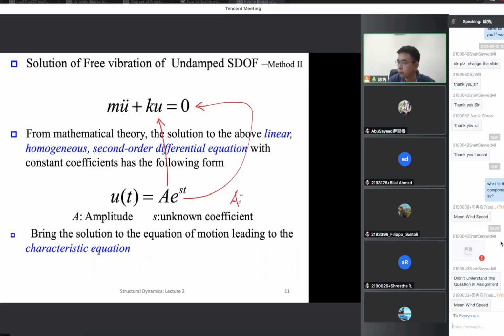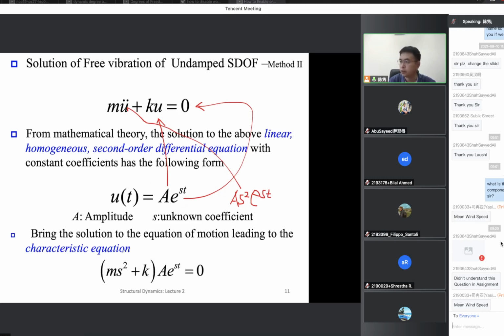This is a very good property of exponential functions. So we get m s^2 e^(st) plus k A e^(st). Then A is the same, you bring the A out, and e^(st) is the same, you bring the e^(st) out.